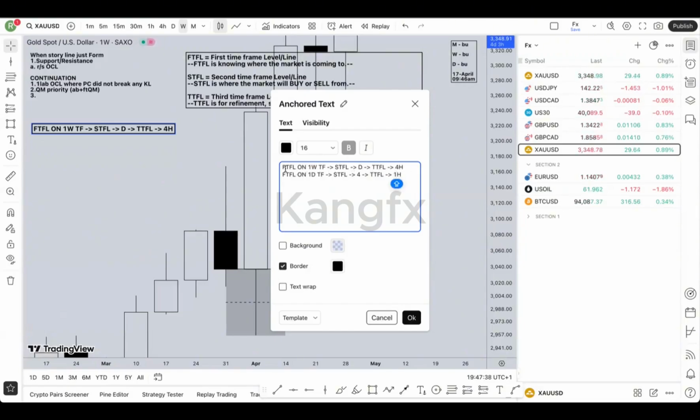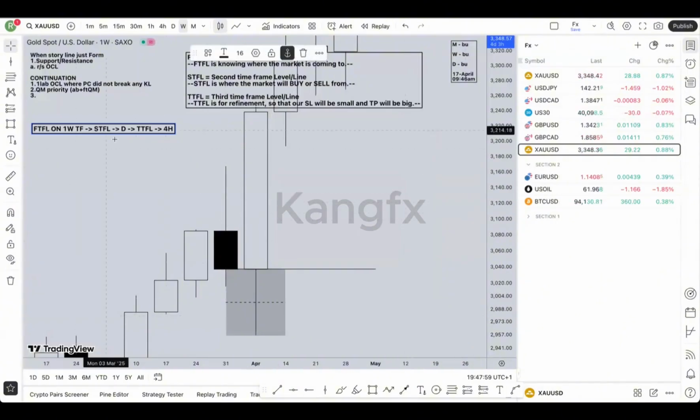Then if this is on monthly, our STFL is going to be on weekly. Then our TTFL is going to be on daily. That's the progression.